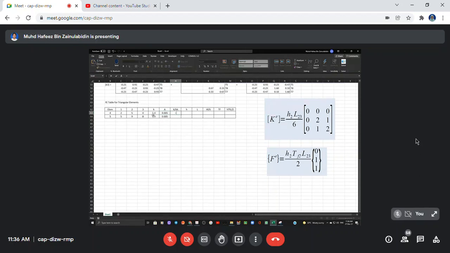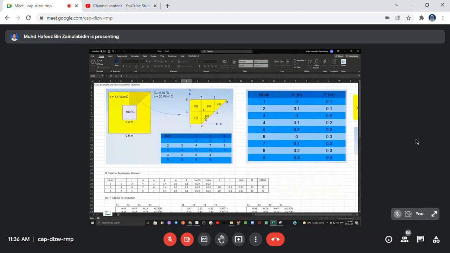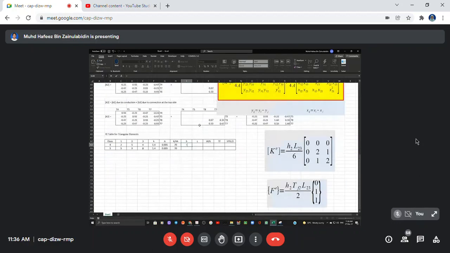Equals K divided by 4 divided by A. Okay, H is 20 for element 5.